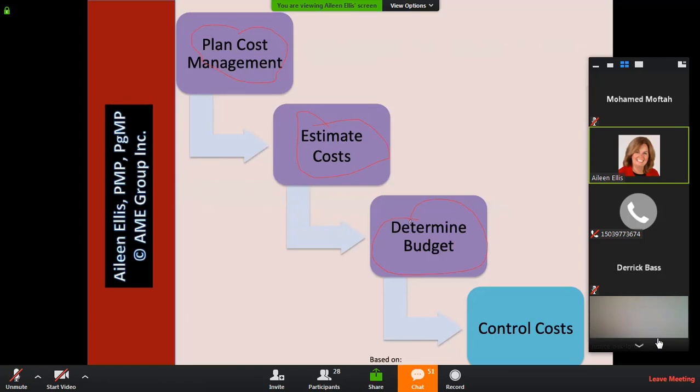I would say there's two important outputs of determine budget. The cost baseline, great, and the project funding requirements.